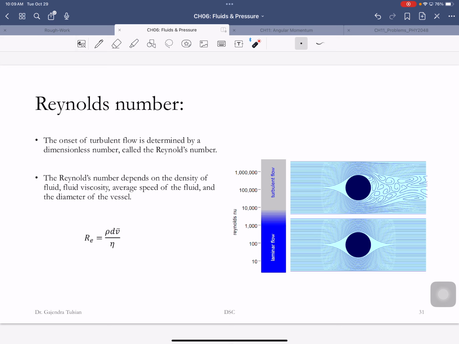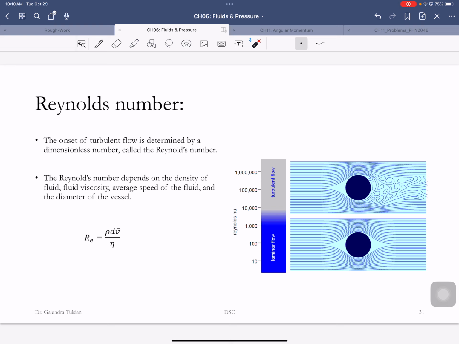There's something called a Reynolds number that tells you when you transition from laminar flow to turbulent flow. It's just a dimensionless number, and as long as the Reynolds number is smaller than that, you have laminar flow. As you move faster, the Reynolds number increases and turbulence sets in. For these Reynolds numbers, the flow is turbulent.